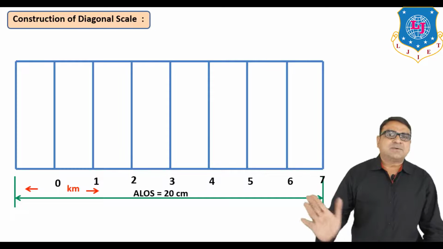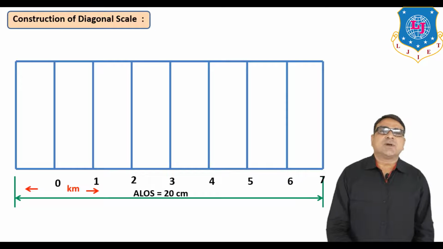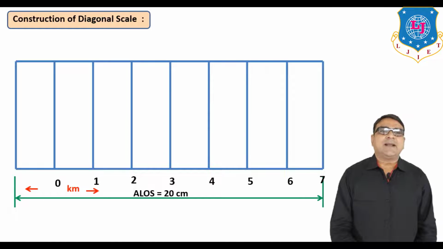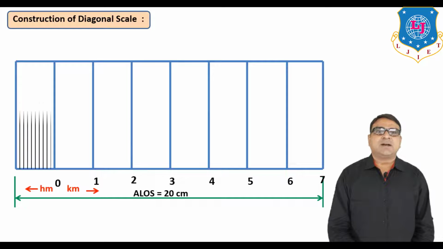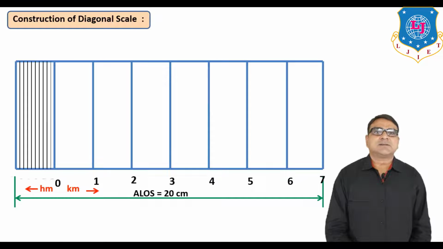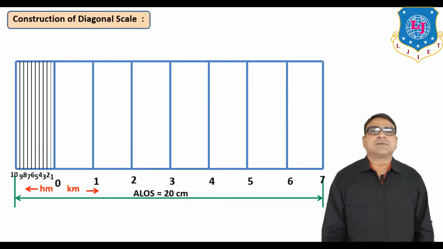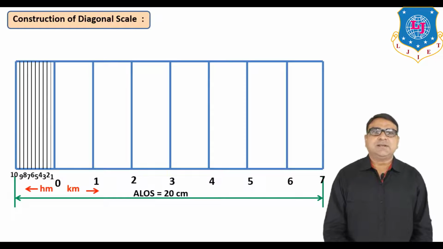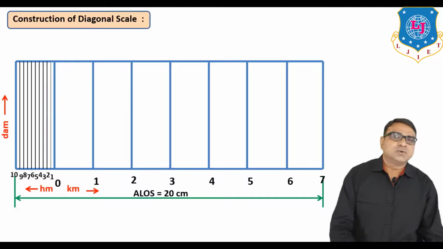Now on the left side of 0, which is also 1 kilometer, but 1 kilometer is equal to 10 hectometer. So divide this first subunit into 10 equal parts and insert 0 to the left side 1, 2, 3, 4, 5, 6, 7 up to 10. So in this scale, up to this, it is known as plain scale, which represents 2 units.